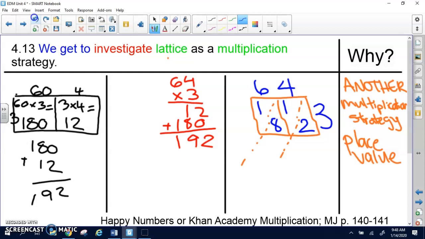Now what you do is just add down the columns. So this is 2. This is 8 plus 1 is 9. And this is 1. And it's 192. You start from the top here, and you read it: 192.